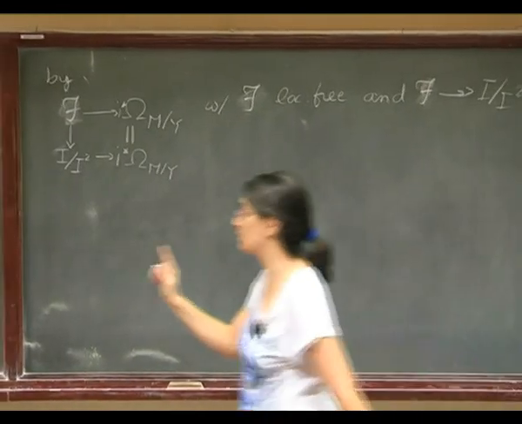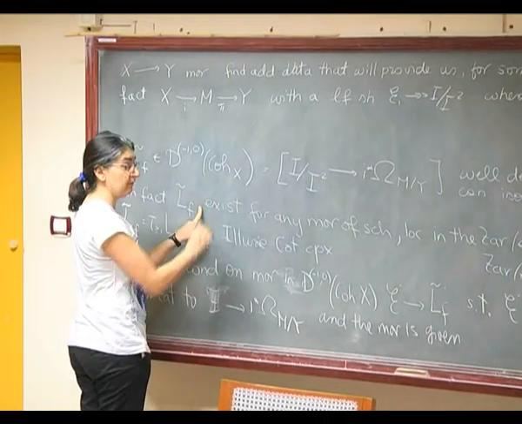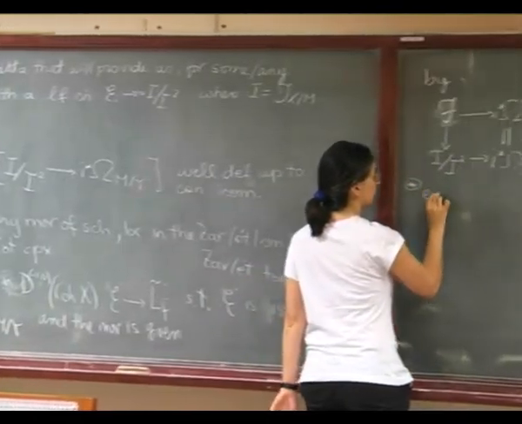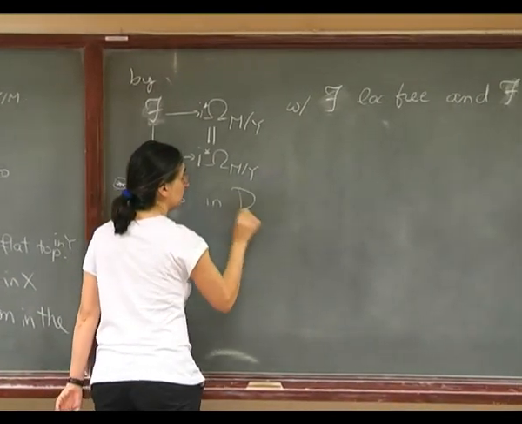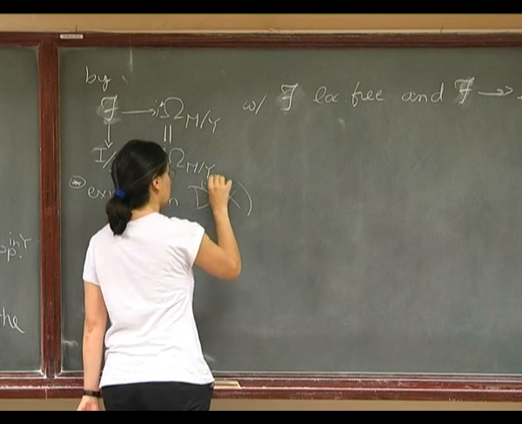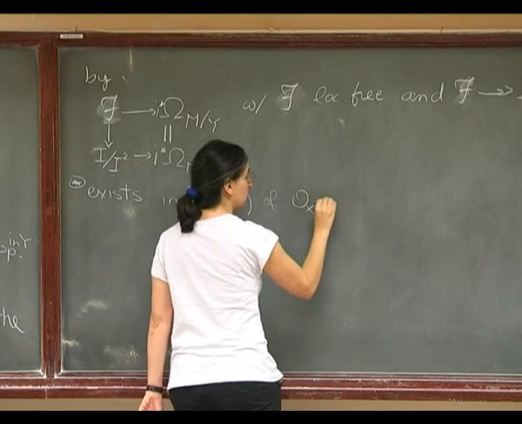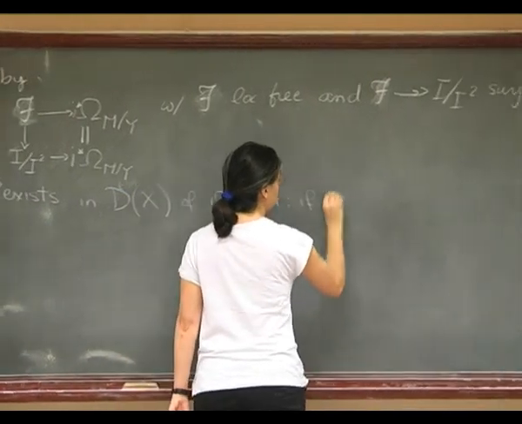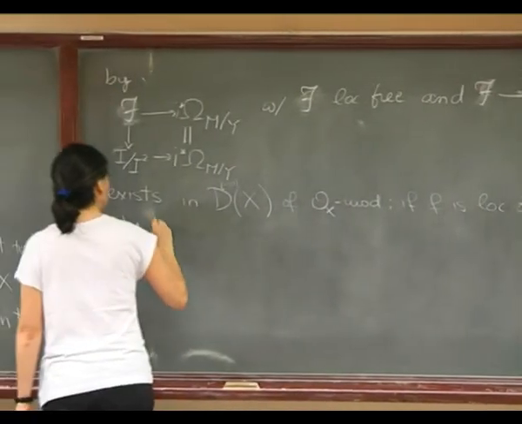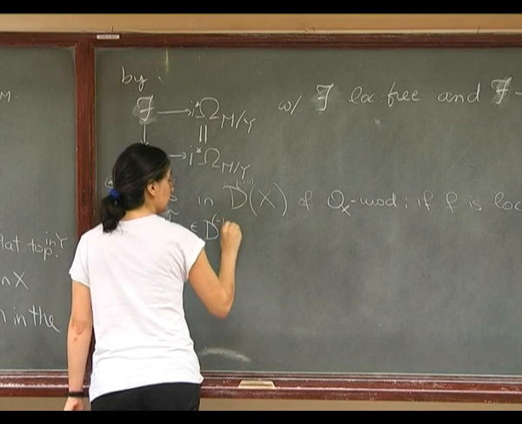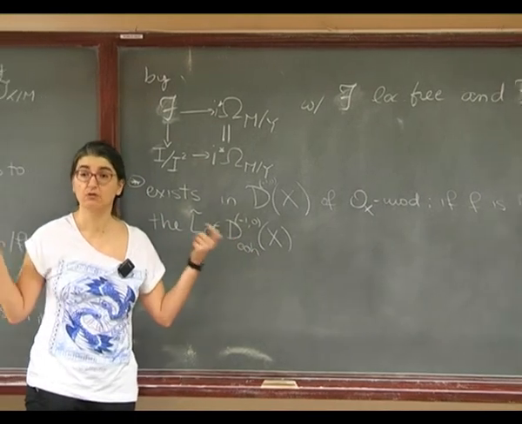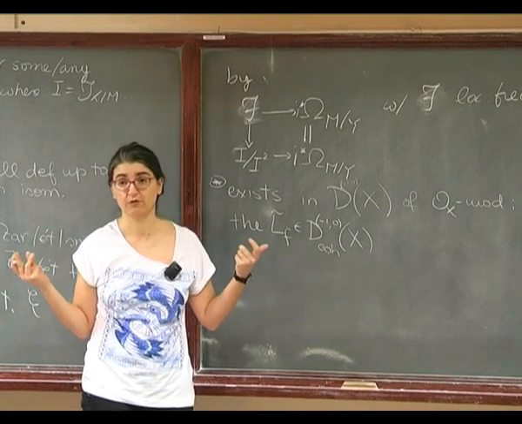By the way, there is one imprecision here: it exists for any morphism of schemes, but it should be written directly that it exists in general in the derived category of O_X modules, and if F is locally of finite type, then I only have that the cohomology is coherent, but in general I don't know that I can represent it globally as a morphism of coherent sheaves.